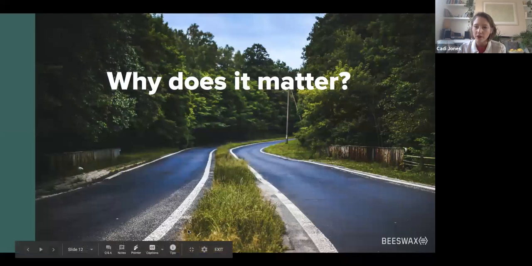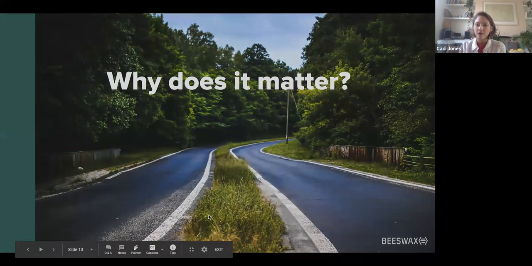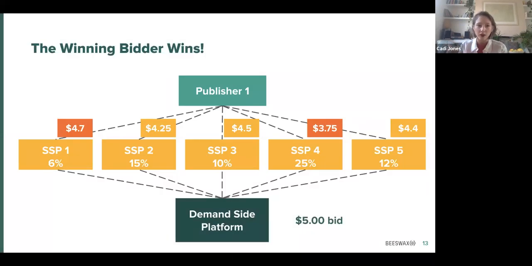So if we come into more specific scenarios, I've used in this example the percentages from the ISBA Programmatic Transparency Report, where SSP fees varied between 6% and 25%.